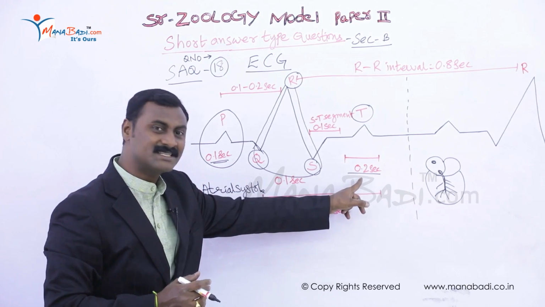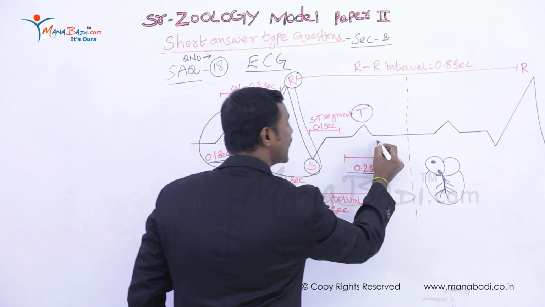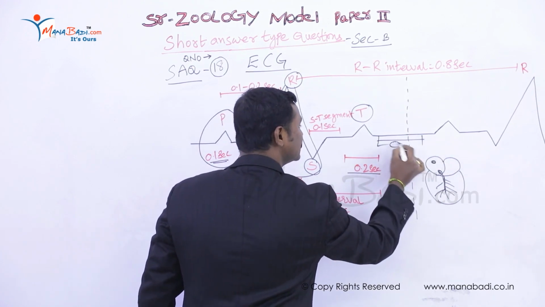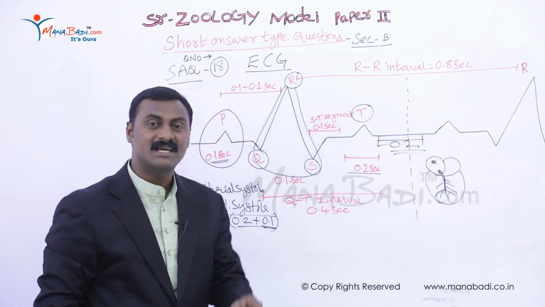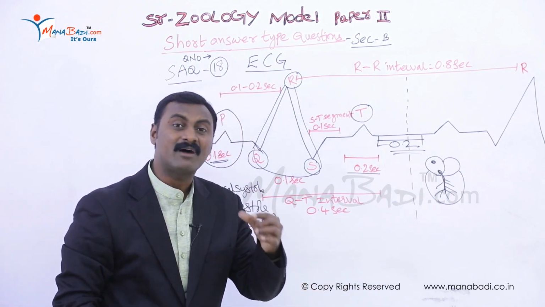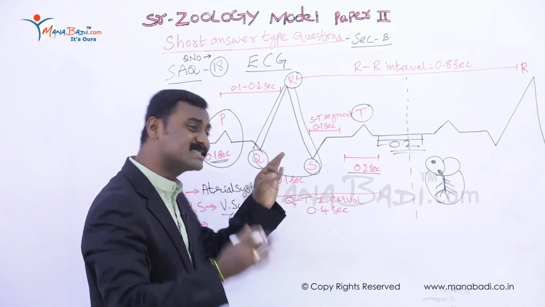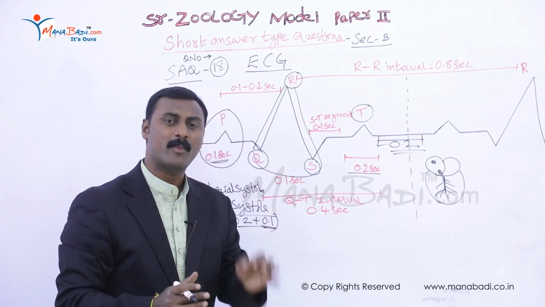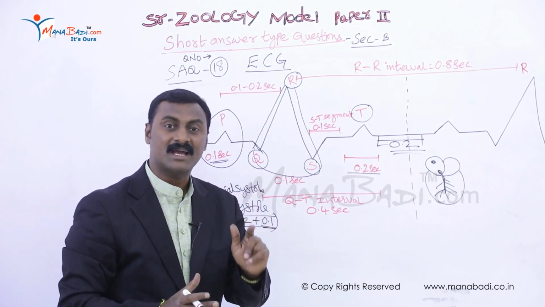But here how much is it? 0.2. Where is the rest? That is the rest time. See, from here to here, the 0.2 seconds of time is not mentioned here. Why? Because it is the resting time of the heart. So overall 0.6 seconds only is the official time of functioning of the heart.